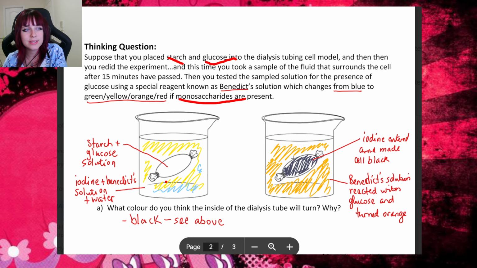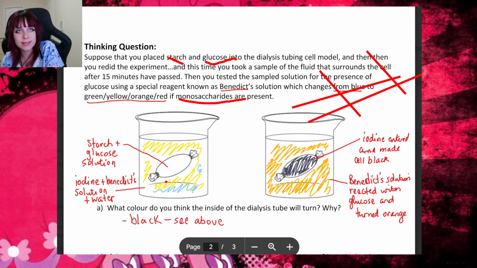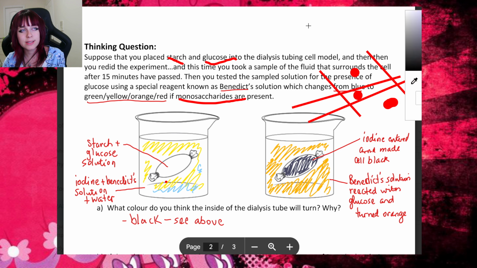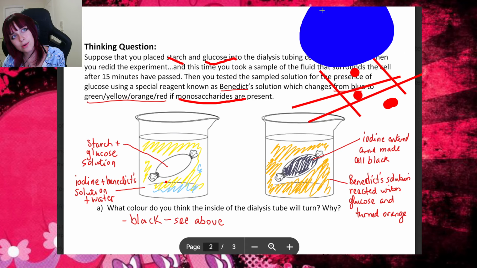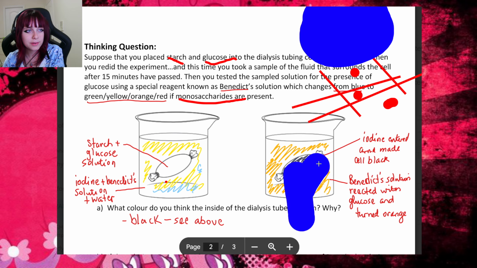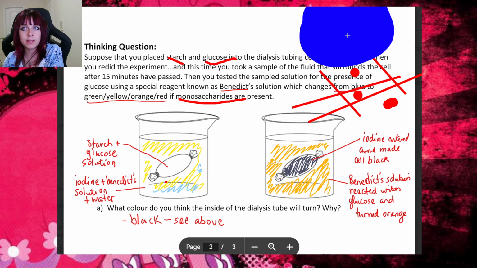So, glucose is small enough that it can easily, let's bring back our little pores here. So, this is a glucose, this is a glucose. They can easily go through it. Now, something like starch, pretend this is the inside of the cell, that's the outside. Starch is way too big, so it cannot go through. It stays in this spot. But remember, iodine can go through. And glucose is small enough that it can actually leave.